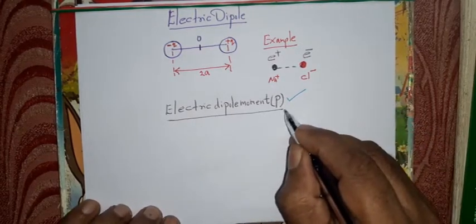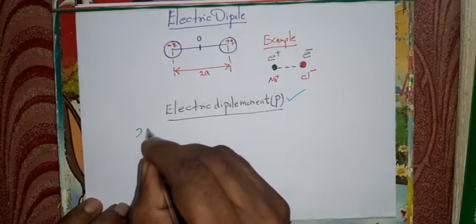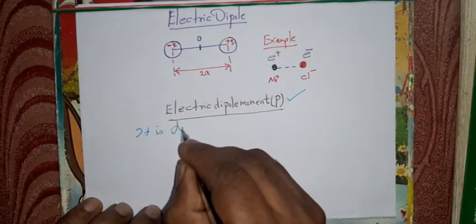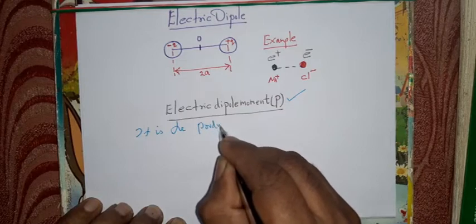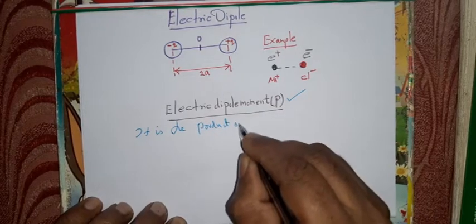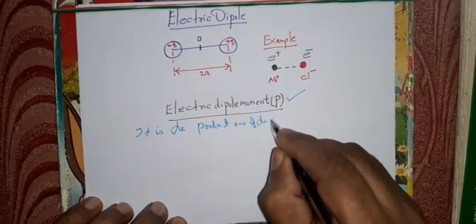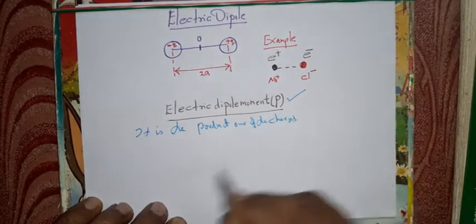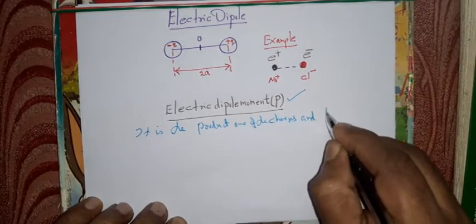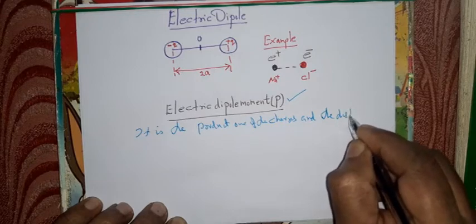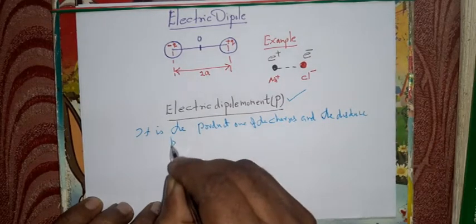What is electric dipole moment? It is the product of one of the charges in the dipole and the distance between the charges.